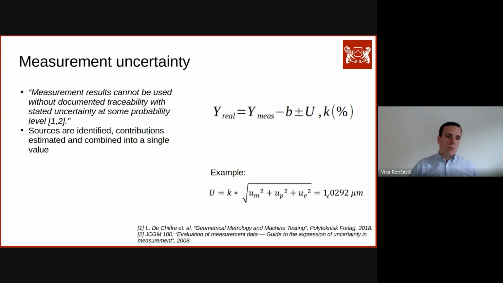In this case, I took one example from one of my previous works, roughly 1.03 micrometers, which is saying that whatever measurement I have done in this environment using this instrument on this dimension, I am plus minus 1.03 microns certain that it will be there.